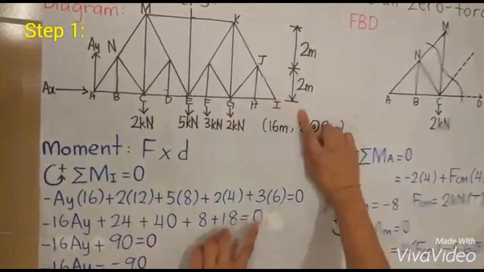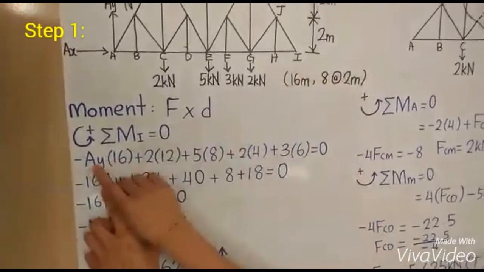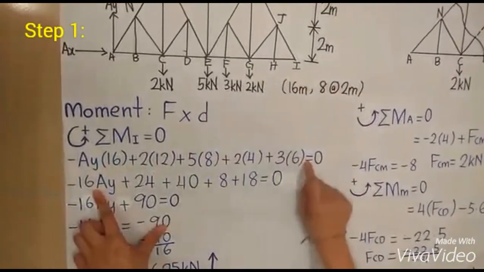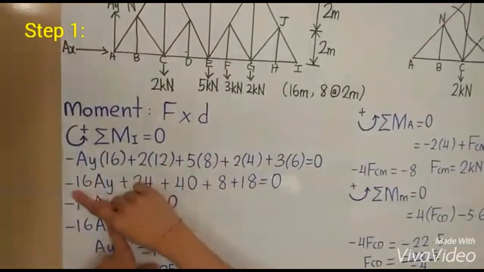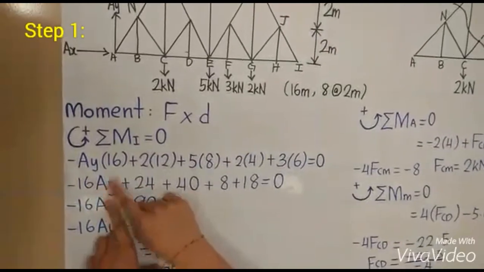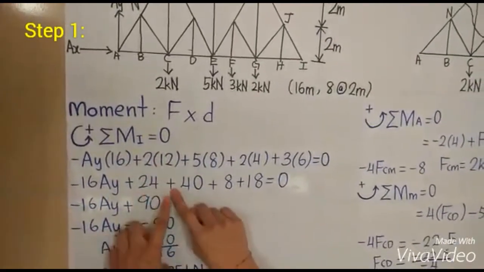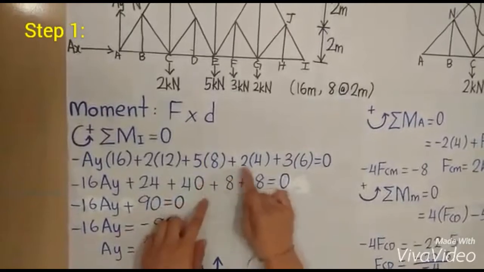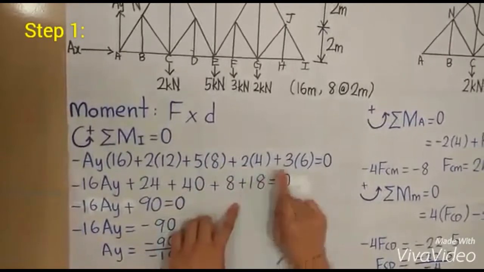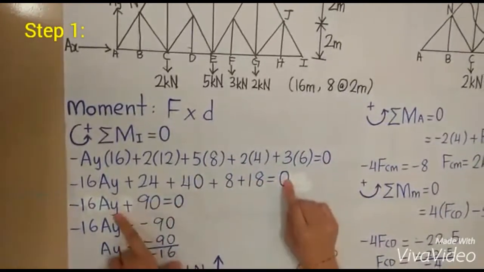equals 0. Then, by multiplying all these numbers, we get negative 16 AY plus 24 plus 40 plus 8 plus 18 equals 0.